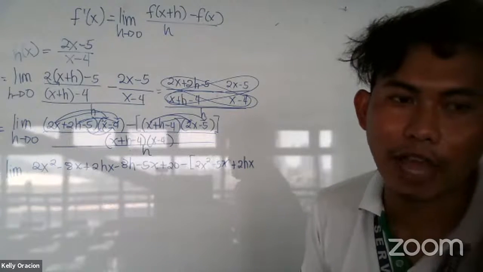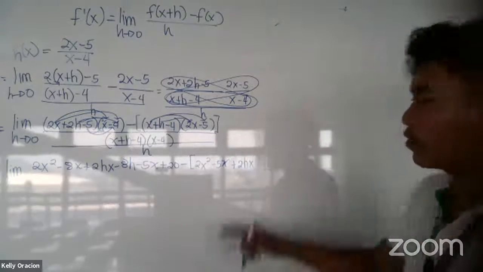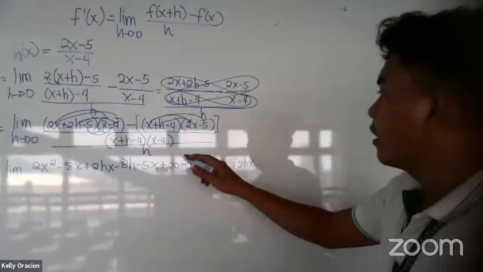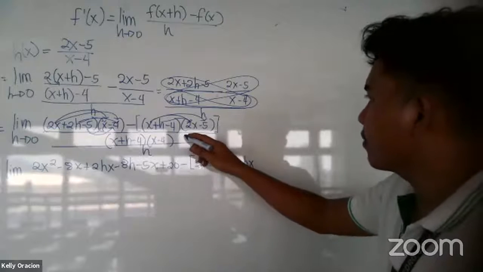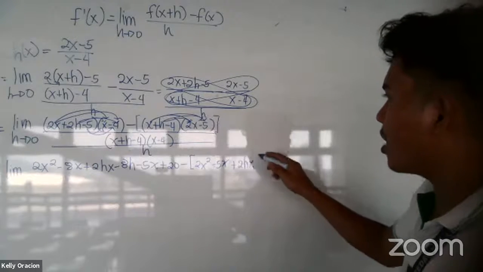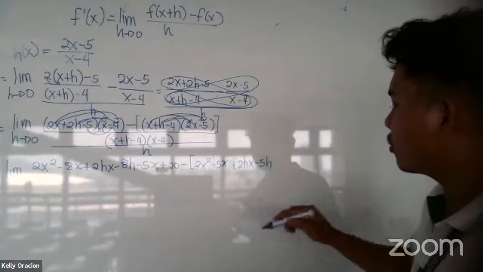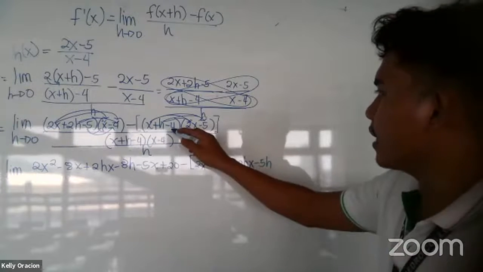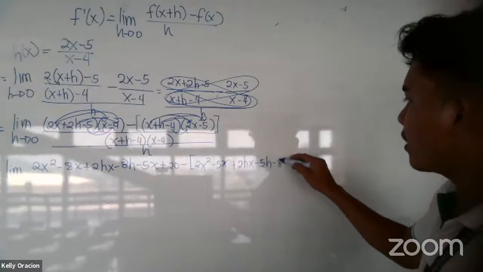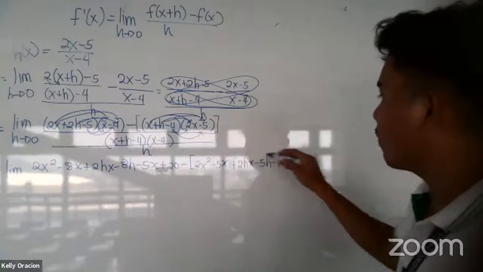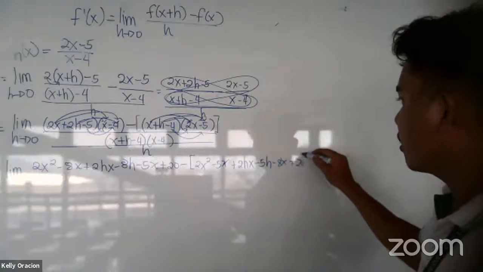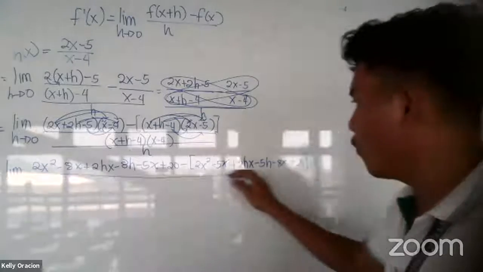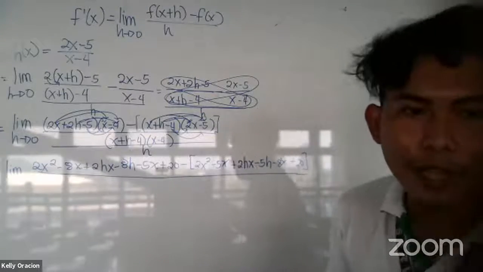So h comes first. Okay, so 2hx. Next, h times negative 5, it's negative 5h. Next, negative 4 times 2x, it's negative 8x. Negative 4 times negative 5, it's positive 20. Close the bracket. Over.